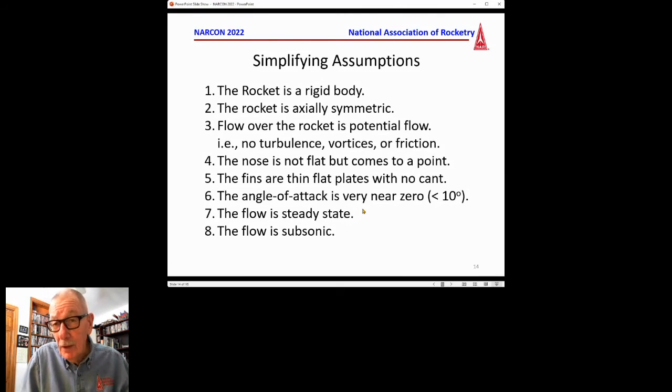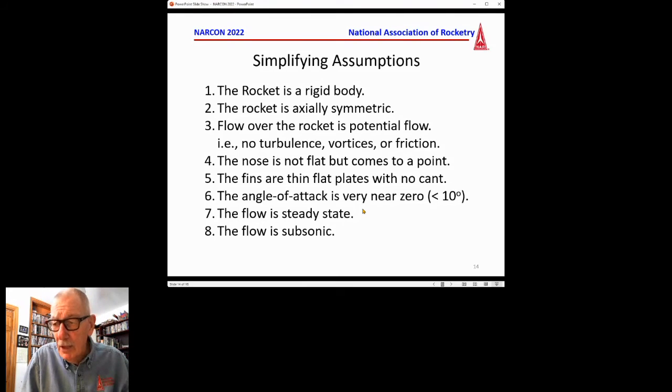You won't know until you fly it, of course, but if you keep that static margin, you've got a very good chance of staying under 10 degrees angle of attack. The flow is steady state, and that's also part of the potential flow situation. It means that it's not turbulent. It's not all of a sudden, right off the launch rod, or if you didn't have a launch rod, right off the ignition point.